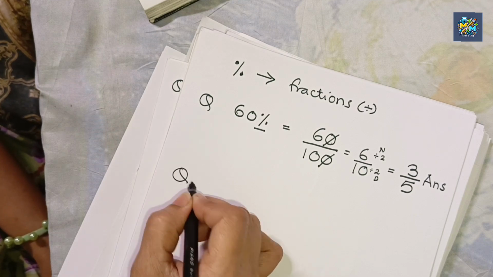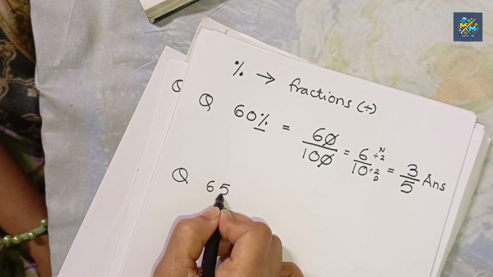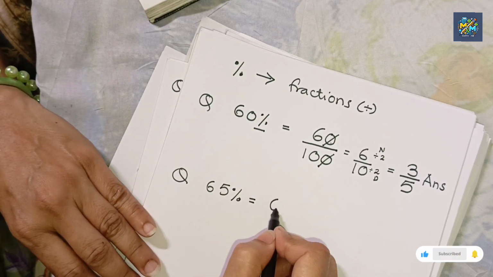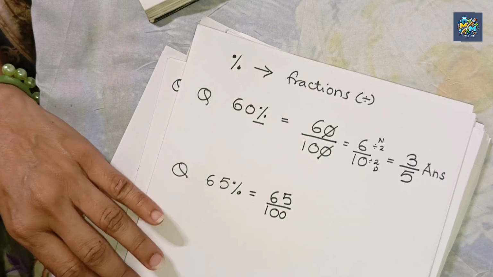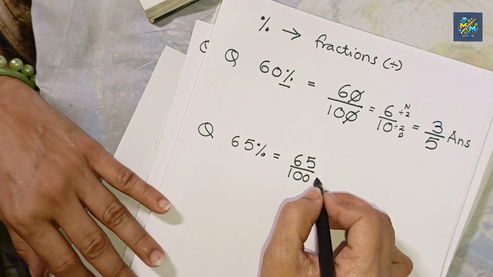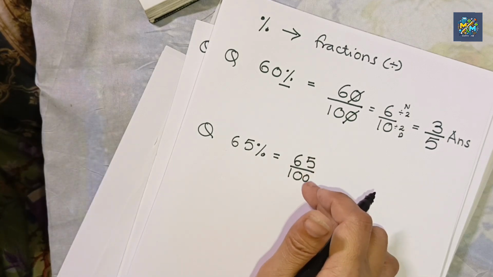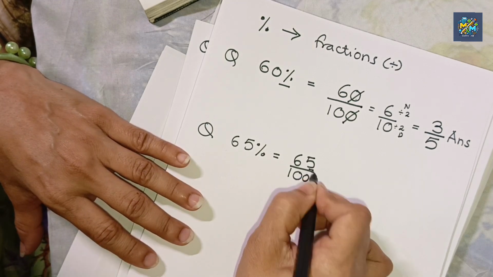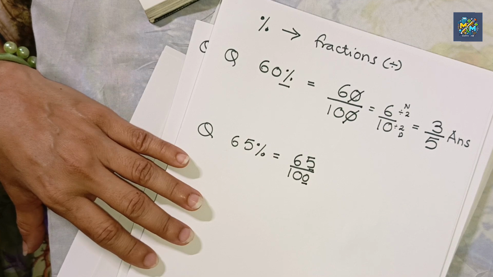Let's try one more. So here I am having 65%. Same strategy I'm going to follow. 65 upon 100. So now what am I going to do? Here I cannot see any zero. So let's think about what has to be done. See, this is a 5 and this is a 0.